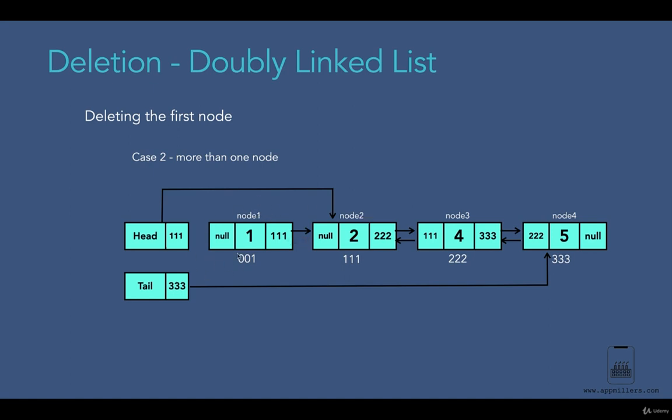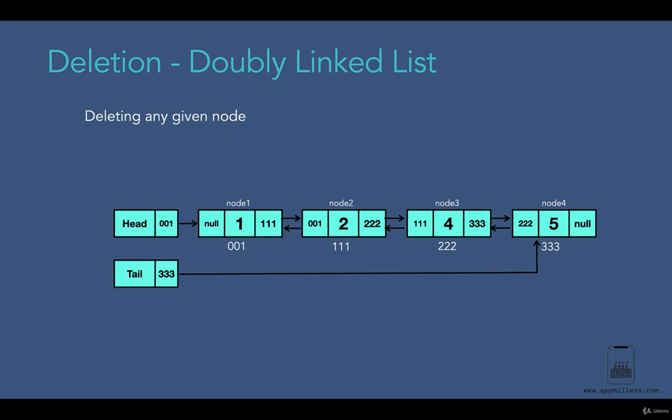Now we see that node 1 is not referenced by any node, so the garbage collector can come and delete this node from the memory. With this, we have successfully deleted an element from the beginning of the double linked list in which we have more than one node, and here the second node becomes the first node after deletion of node 1.